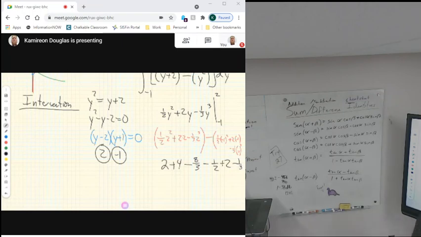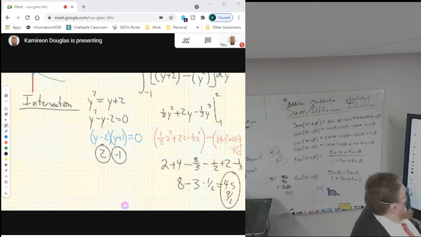A bunch of little math here. Then I combine these together until I have a solution. 2, 4, and 2 gives us 8, minus 8/3 and 1/3 makes 9/3, or minus 3, minus 1/2. 8 minus 3 is 5, minus 1/2 would be 4.5, or 9/2. That's my solution.